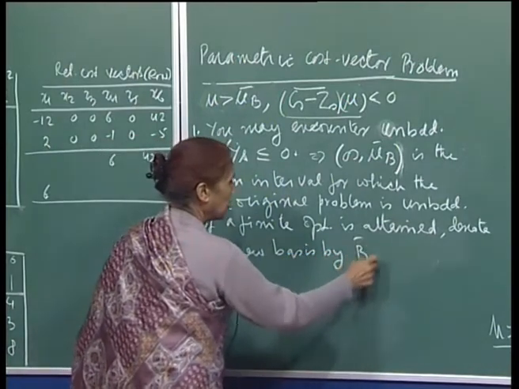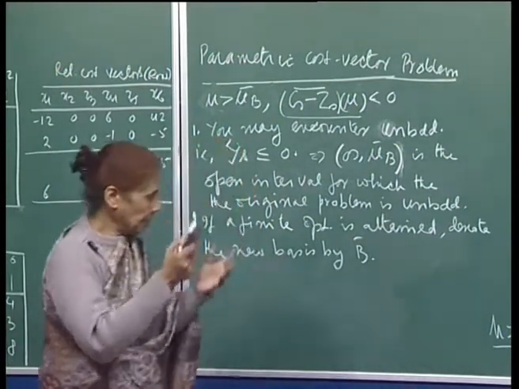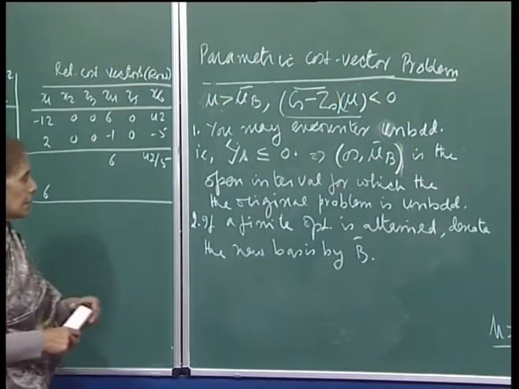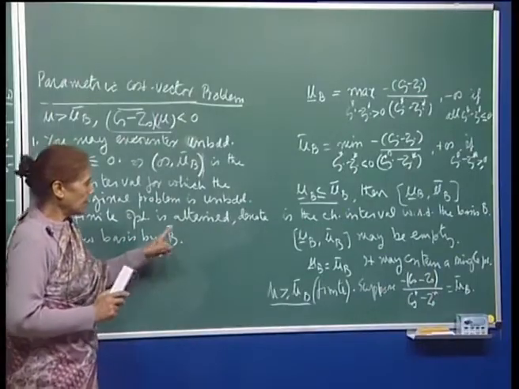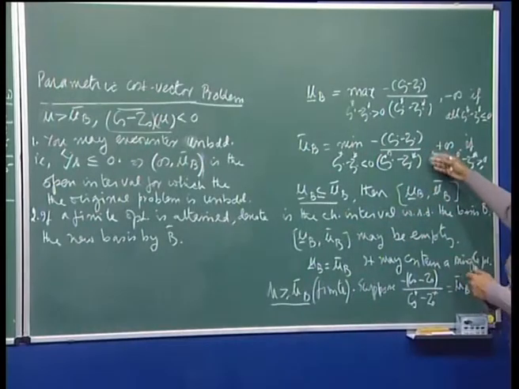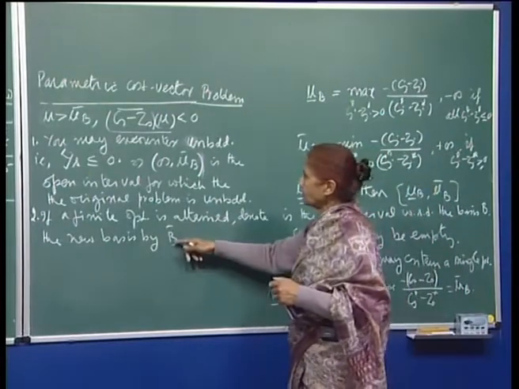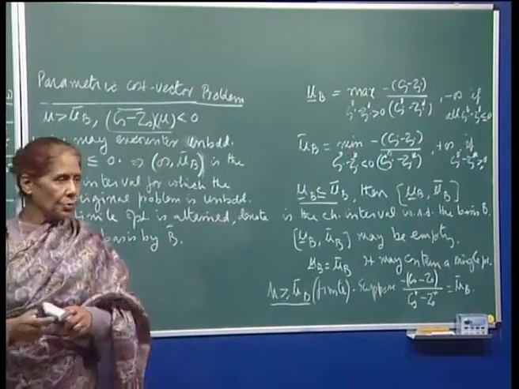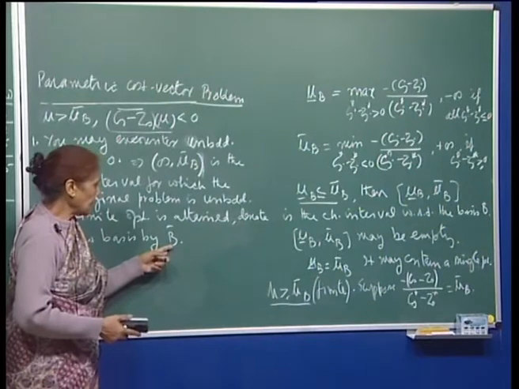by b bar. And remember, I have not used the word adjacent very often, but when describing the simplex algorithm, of course, we define adjacency and so on. So anyway, here b bar and b differ by 1 column, right. You have entered the As column into the basis b bar, and some column from b, which by the minimum ratio rule you will find out, will be taken out of the basis, and As will come into the basis.